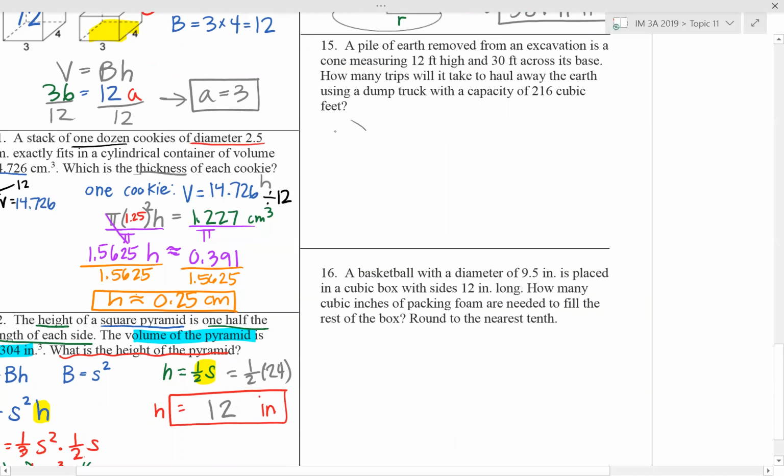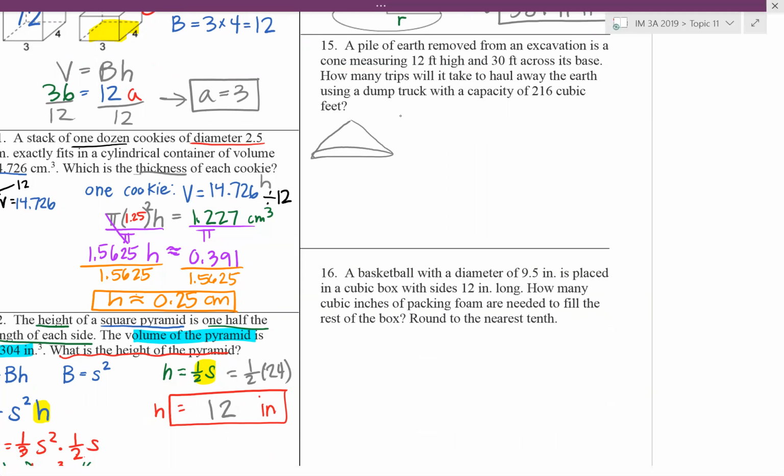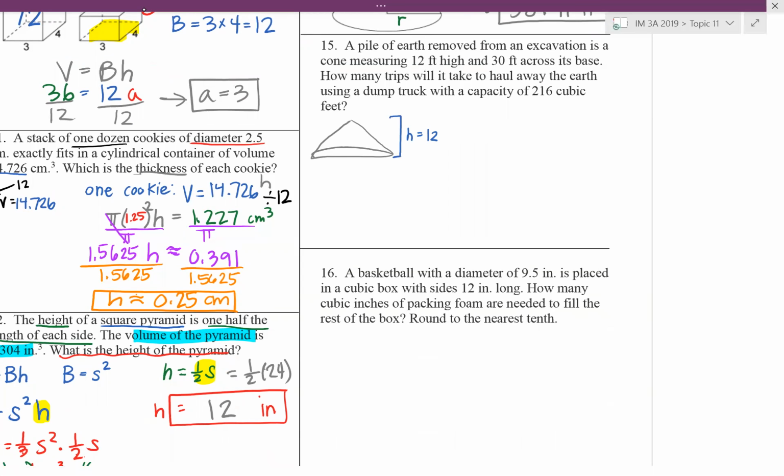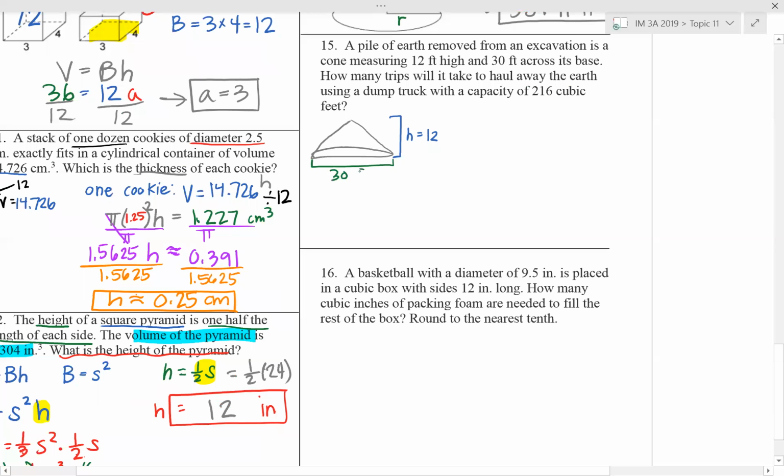So they're saying that we have a pile that is in the shape of a cone that is 12 feet high and 30 feet across its base. How many trips will it take to haul away the earth using a dump truck with the capacity of 216 cubic feet? What we're going to have to do is find the volume of the pile.